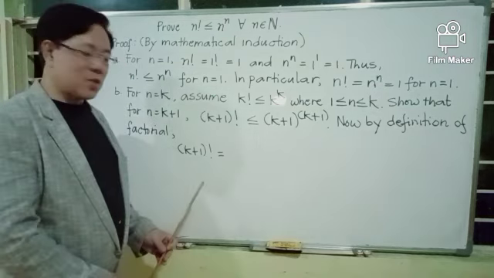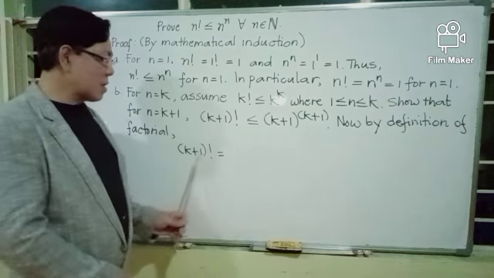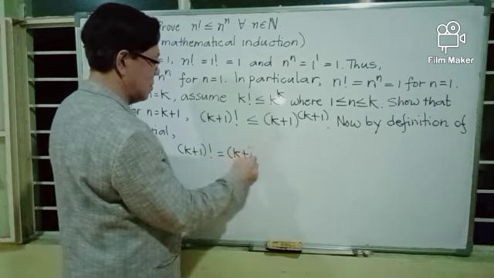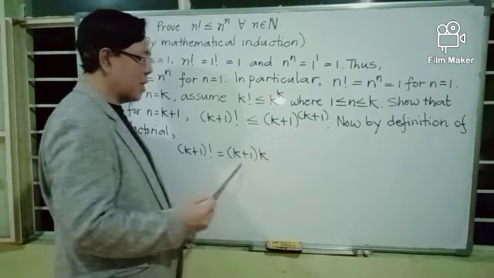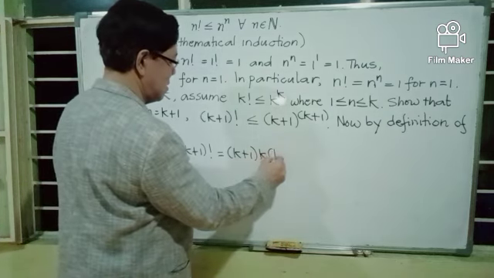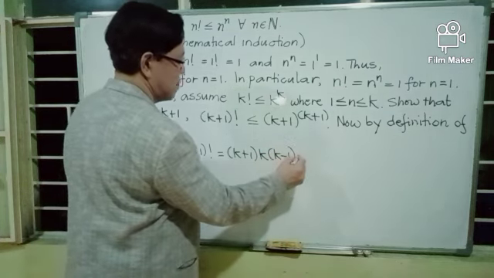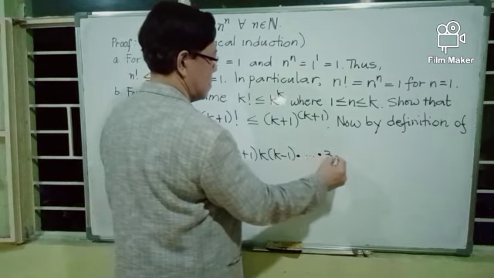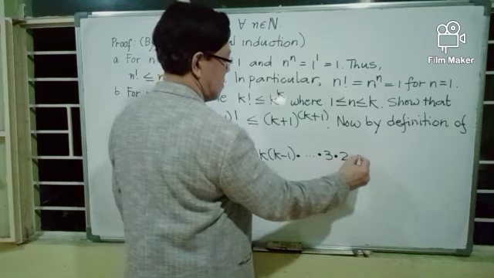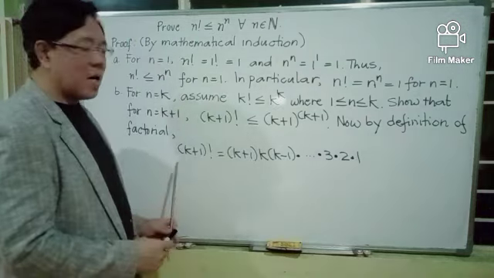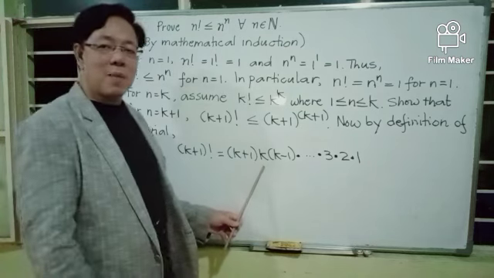Hence, by expansion, k plus 1 factorial equals k plus 1 multiplied by k multiplied by k minus 1, and so on.